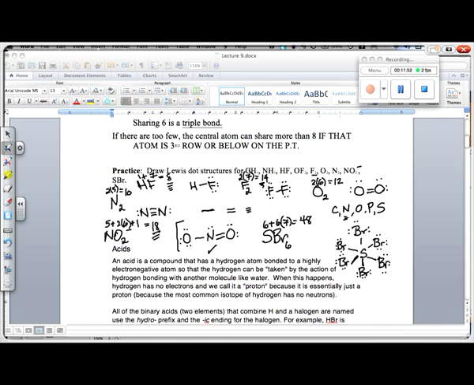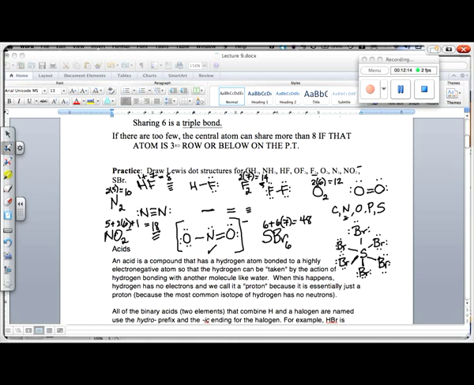The correct way for writing an ion, back to the nitrite ion, is that you put a bracket around it and then put that charge on the outside. As far as naming the oxygen, the fluorine, and the nitrogen, you could either call it just oxygen, fluorine, or nitrogen. You could call it dioxide or difluoride. Nobody does.